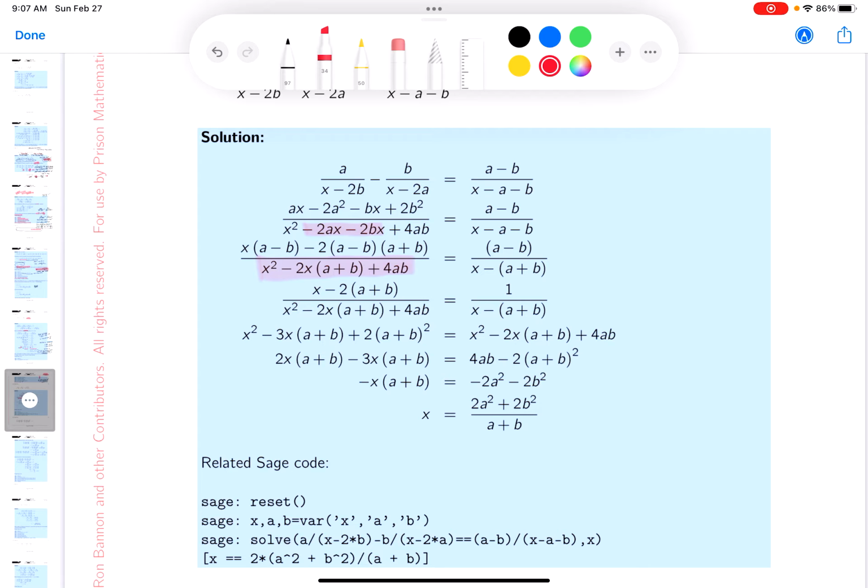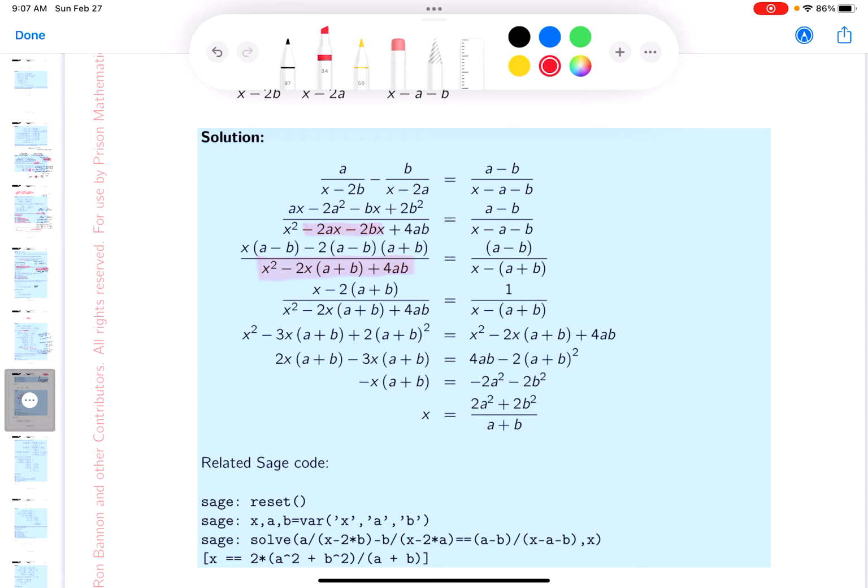And the right-hand side is just simply x squared minus 2x times a plus b plus 4ab. All right? Then what do I notice? I'm kind of looking at it, and I guess I'll expand it a little bit. Let's do that.